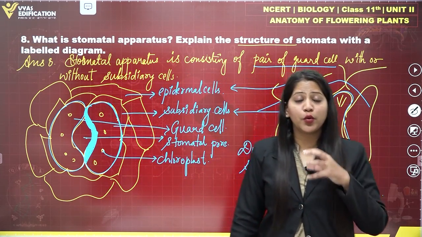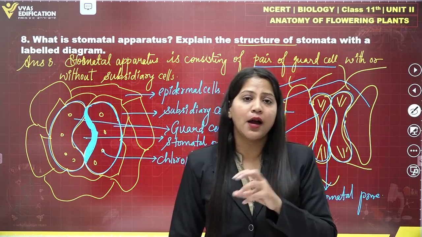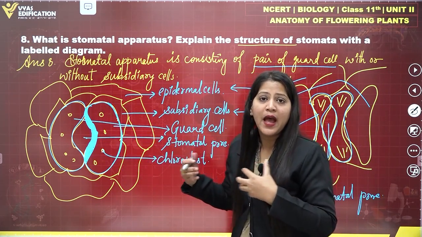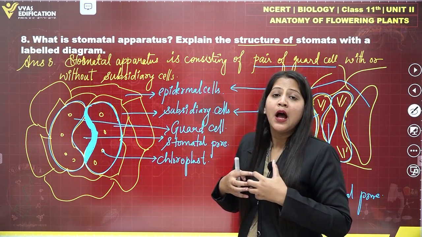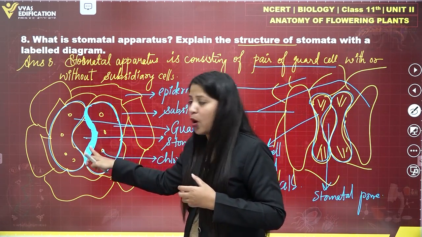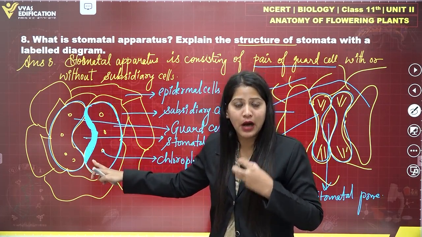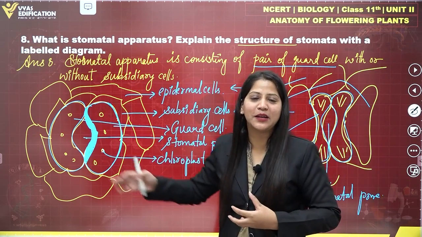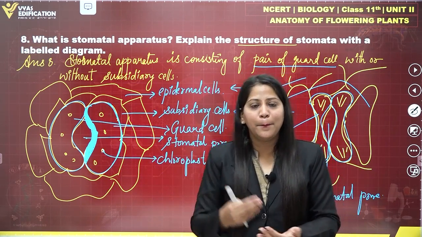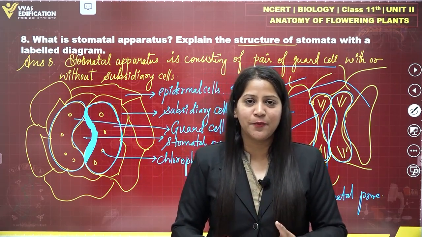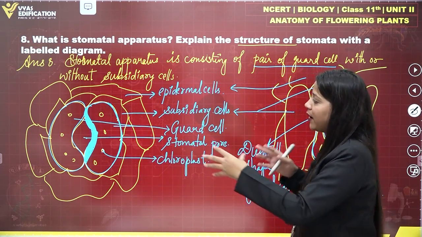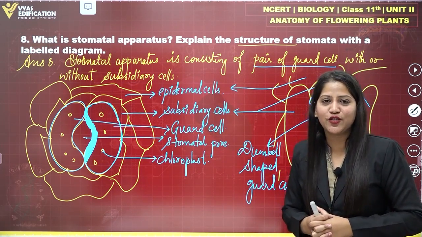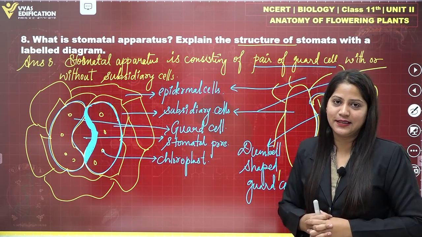During endosmosis in the guard cell, the thin walled layer expands and moves outwardly. As a result, the thick wall of the guard cell also moves outwardly and creates a pore in between. This is how the stomatal pore is created. The explanation of the structure we have already discussed.